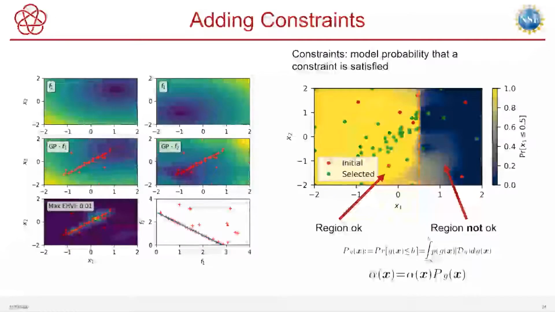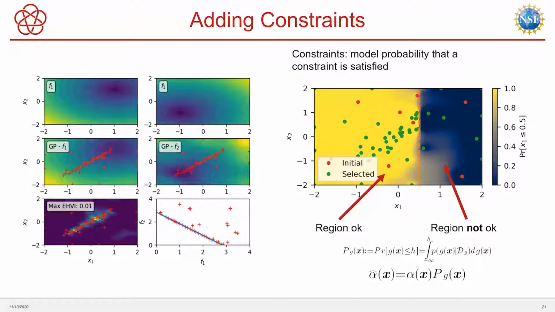Now, another modification that we might like to make is we can say that we aren't actually worried about minimizing and finding the Pareto optimal set for a given objective, but we just want that objective to be lower than a certain value.